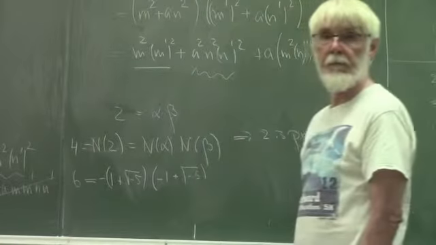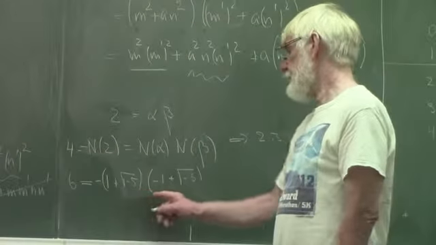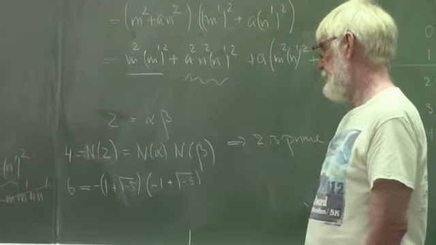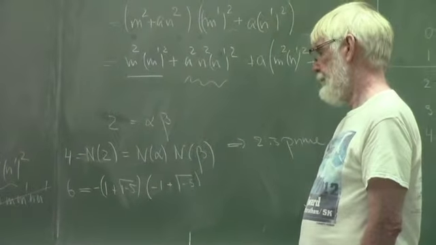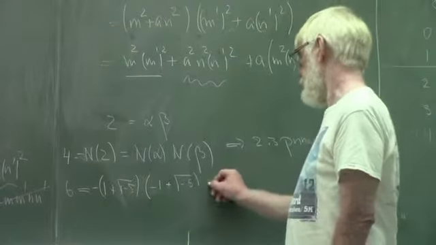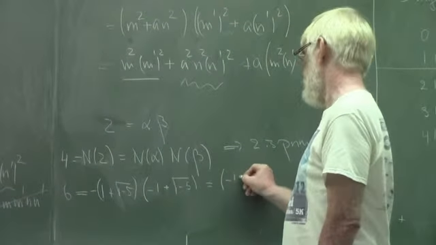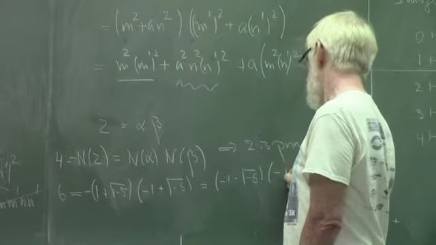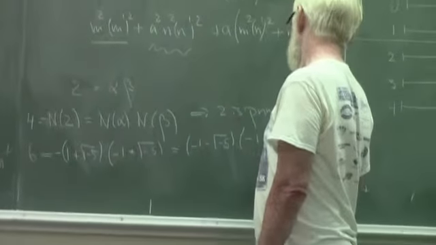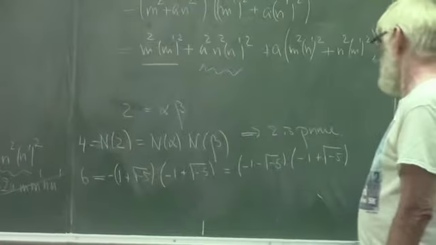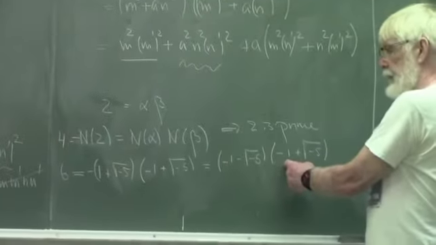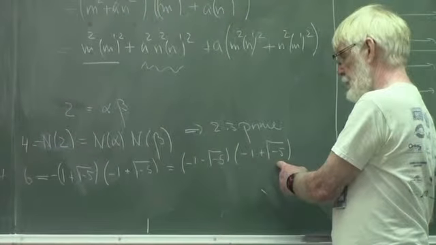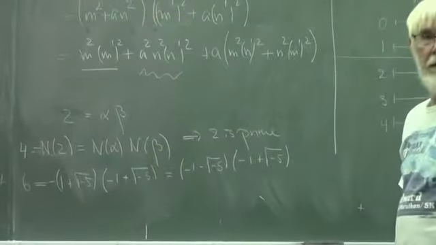This square. So this will give me a negative 6 with a minus negative 6, right? If you write it as negative 1, negative square root of 5 times negative 1 plus square root, yeah, that comes out to 6. So the square of this gives you 1. The square of this gives you 5.